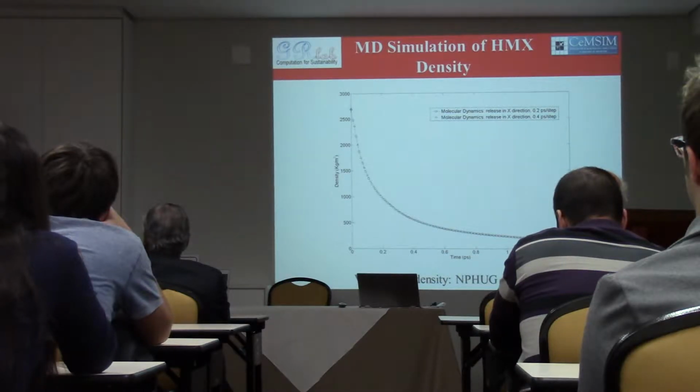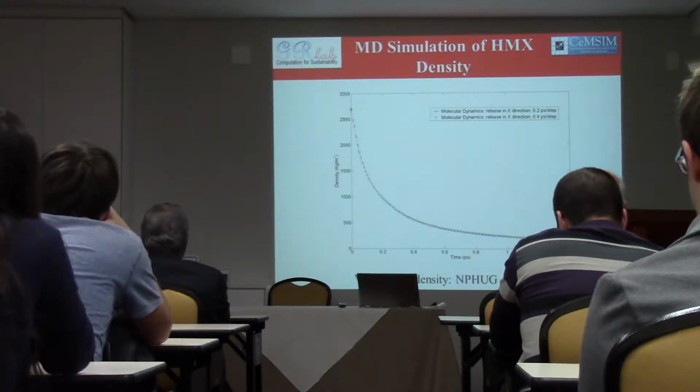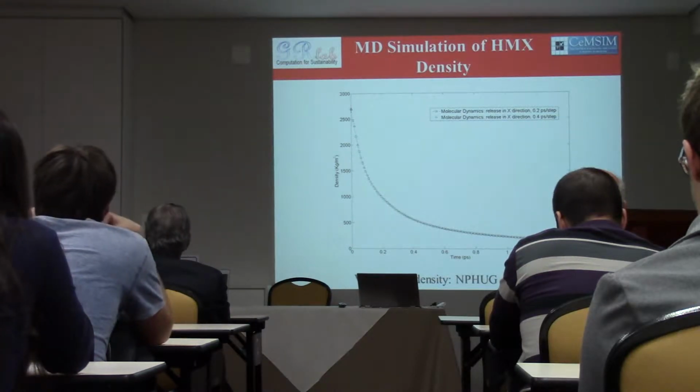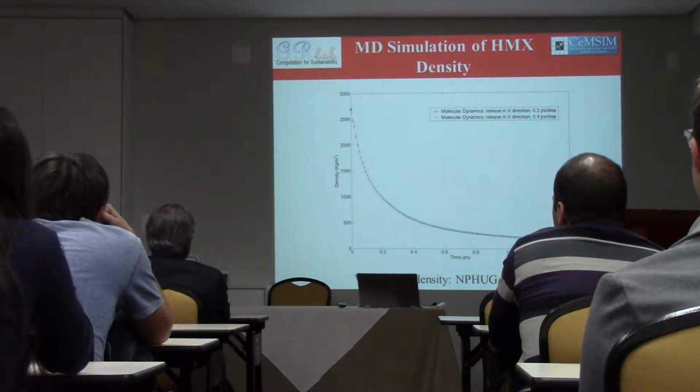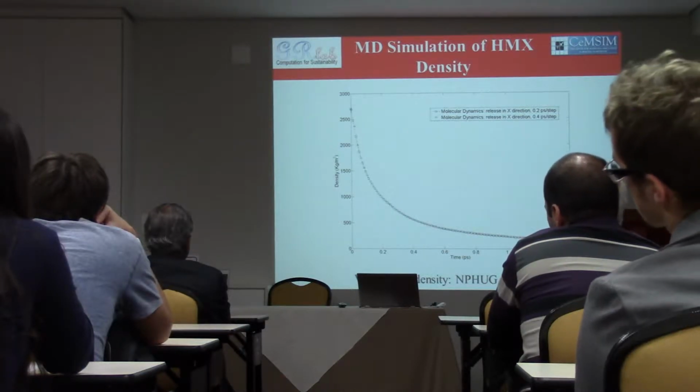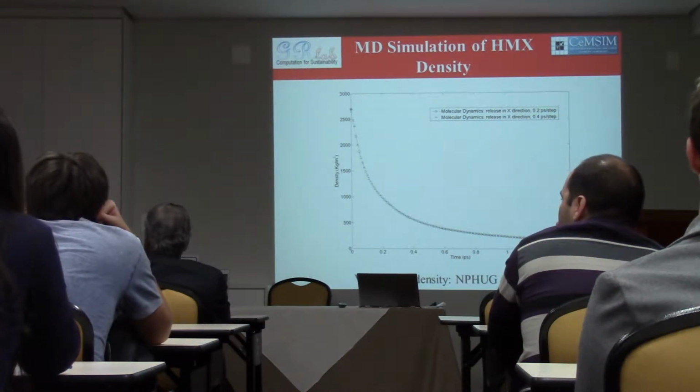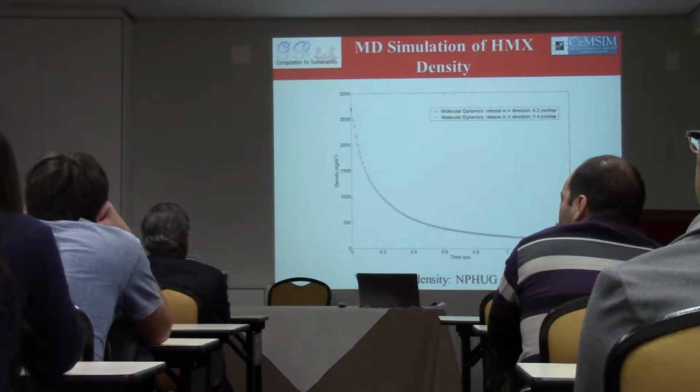Why we do this is because we don't really know which one simulates the explosion process best. This is the one we use, the so-called anti-shock ensemble, which is the one I mentioned earlier: compress it first and release it. So we look at the change of the density with time.